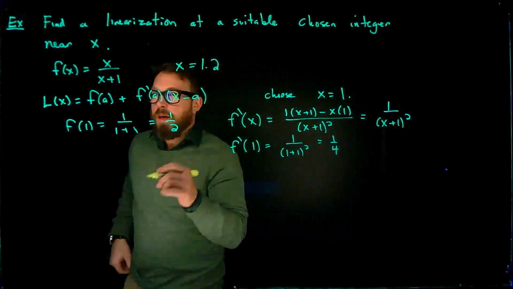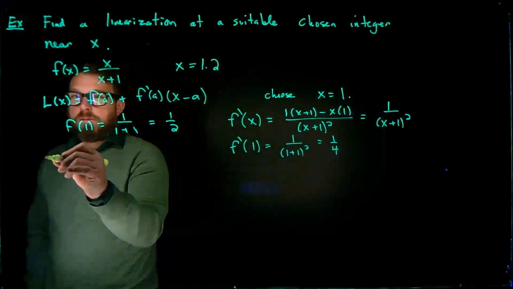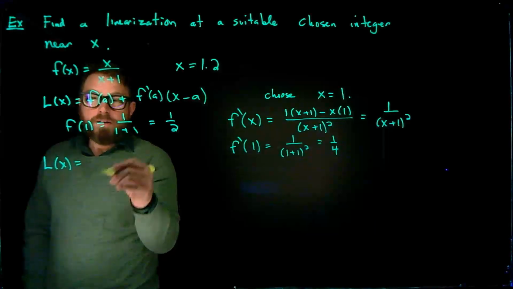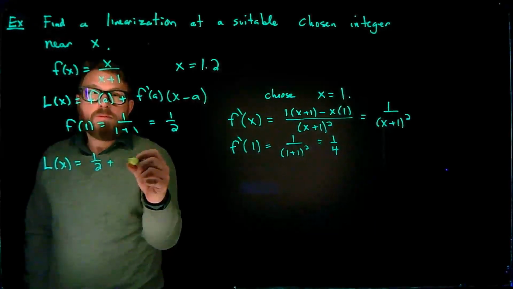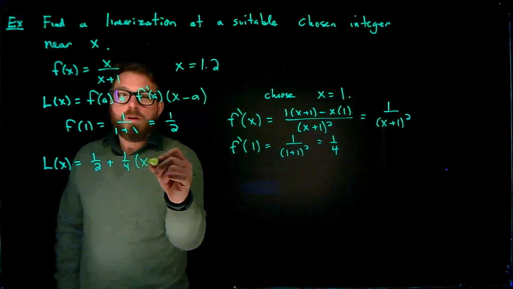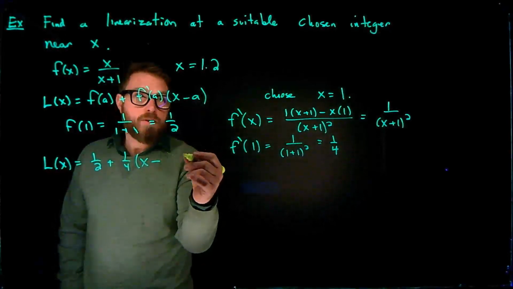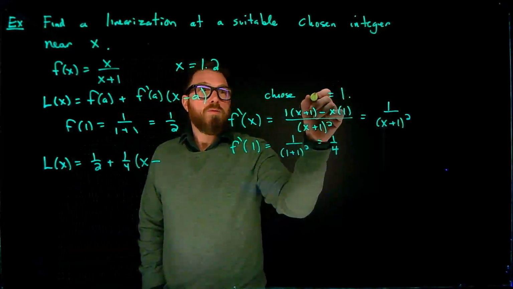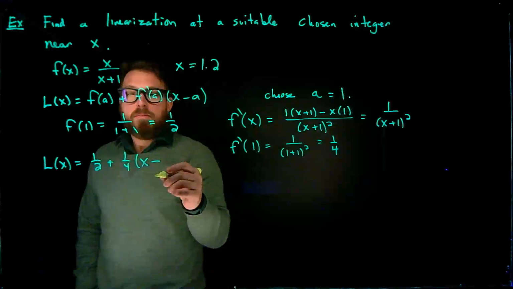So now I know that my linear approximation can be done by this. L of x is going to be equal to f of 1, which is a half, plus f prime of 1, which is a fourth, multiplied by x minus this a value again, which is 1. I should have said instead of x equals 1, we should have said a is equal to 1. Boom.